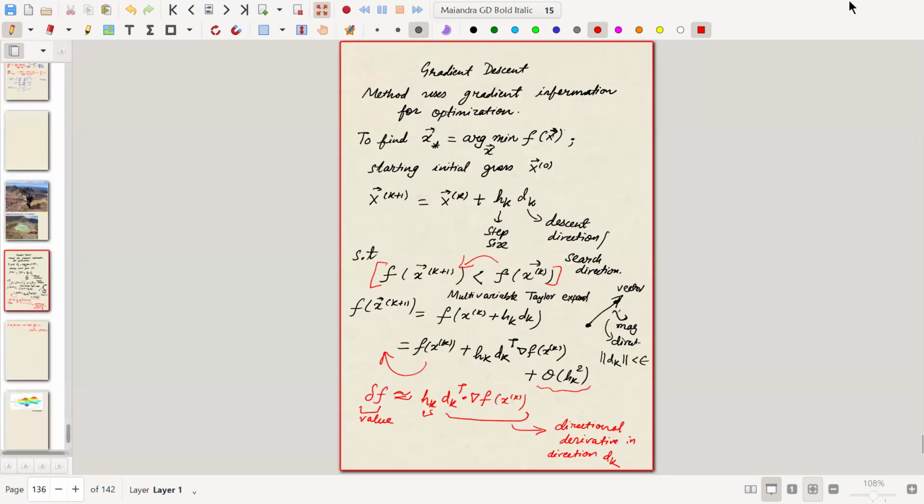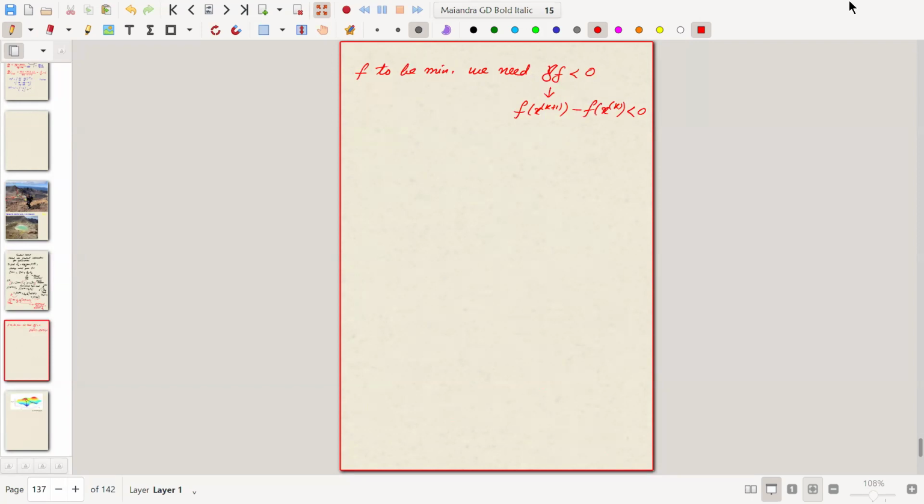So what is that quantity delta f? This quantity is hk dk transpose dot grad f. So can we put that less than 0? Can h be less than 0? So what does this mean?